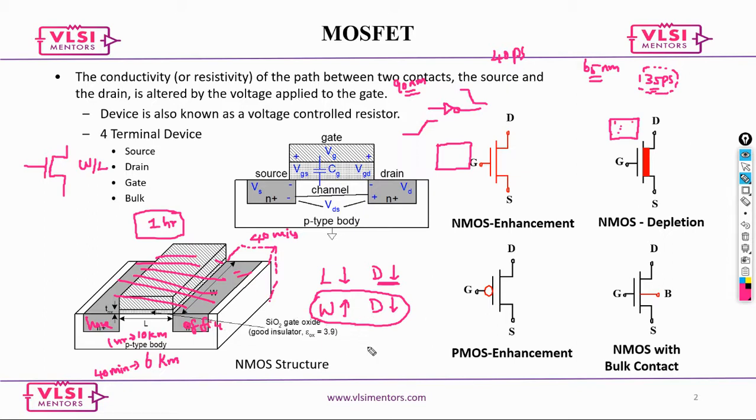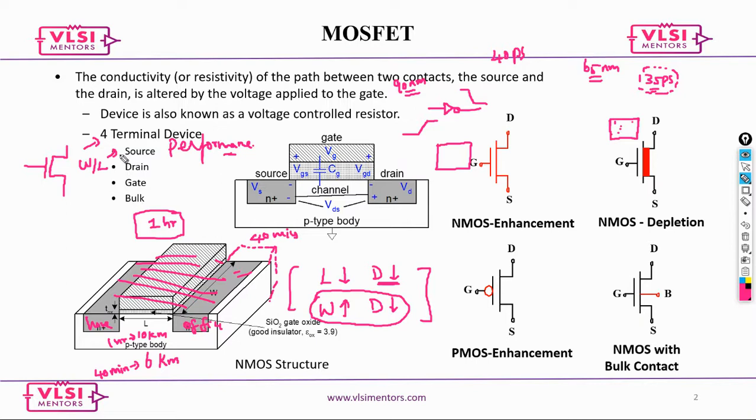Okay. Now remember this. Both W and L affect the overall performance of the transistor. That means if your L is on the higher side, obviously your transistor is going to have a delay on the higher side.